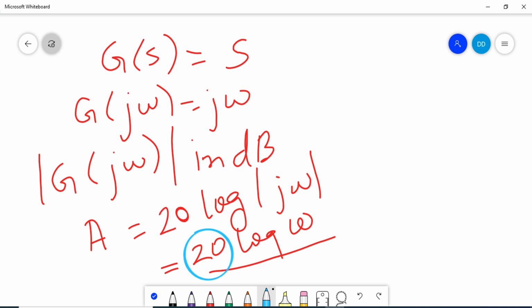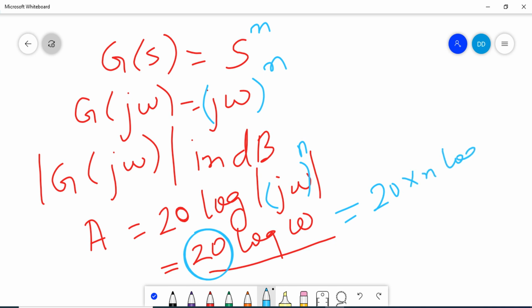Suppose we have multiple zeros at the origin, so it is s^n. Then this becomes (jω)^n. So our magnitude becomes 20n log ω.